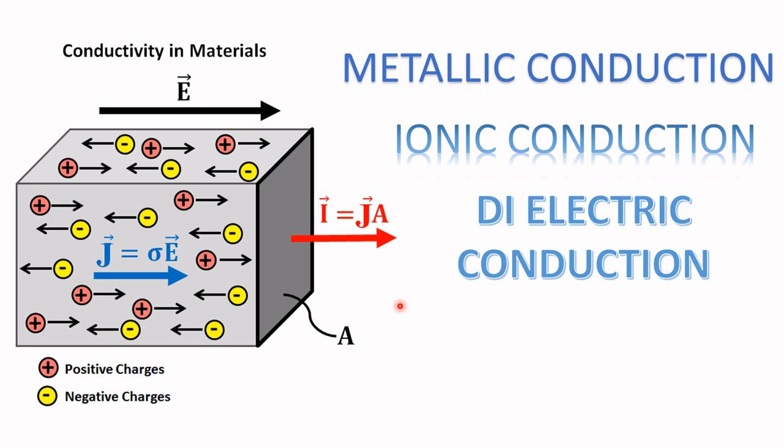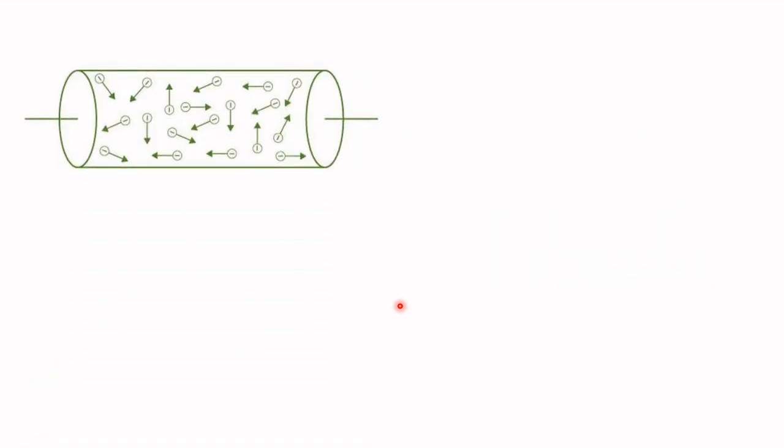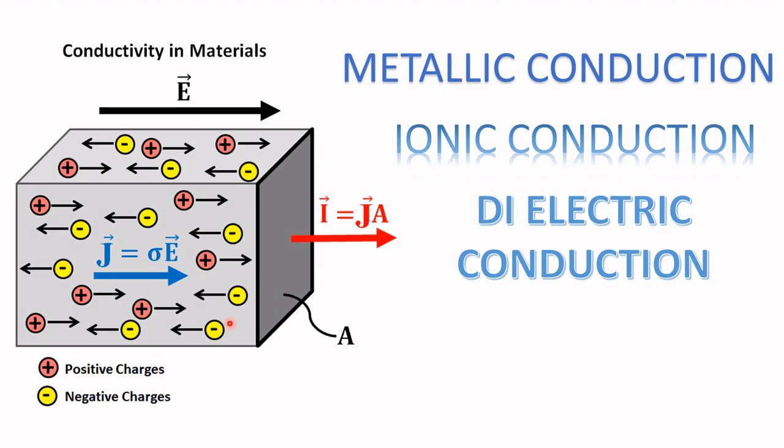In the first, metallic conduction, this type of conduction is mostly in the metallic bodies. This is due to the conduction of current by electron motion. Just like you saw here, the electrons, positive and negative charge, because of the movement of these electrons, you have the conduction.